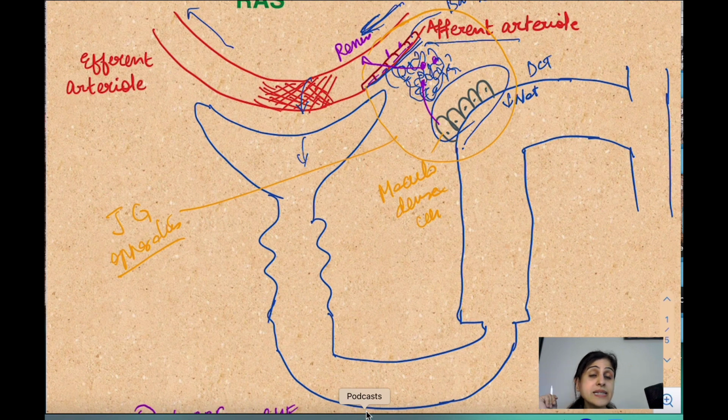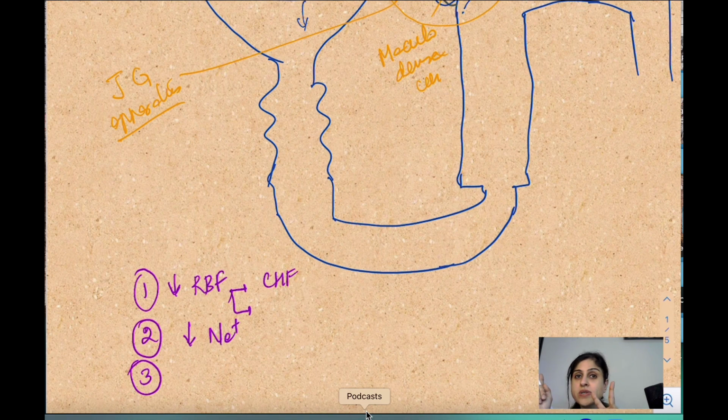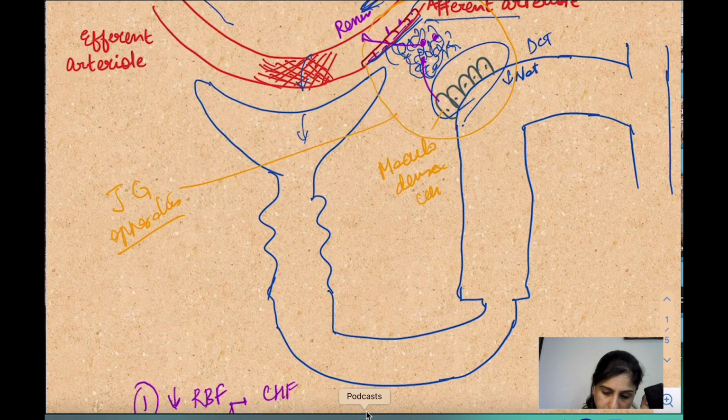That's the second stimulus. The third stimulus, if you remember, we did in the autonomic nervous system, that beta 1 receptors are present on the two various important organs. One is the heart and the other is the JD cells. So when there is a sympathetic stimulation, JD cells, यहाँ पे beta receptors, so these green ones are the beta receptors.